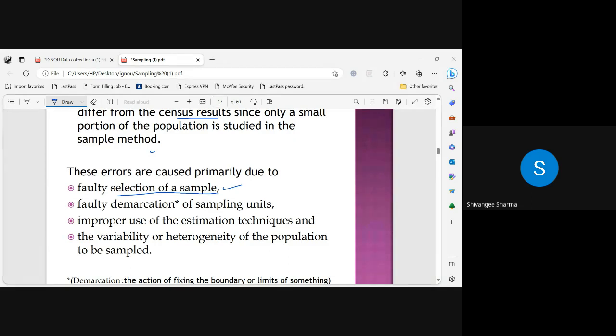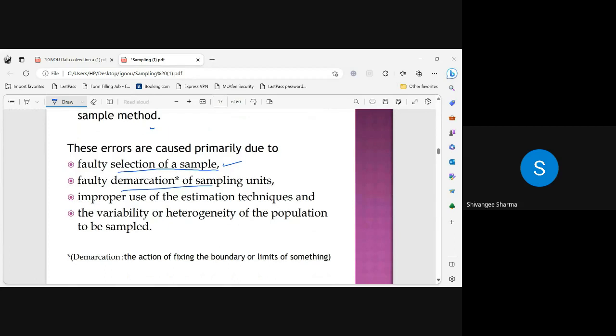Then faulty demarcation of sampling units, right? Demarcation is the action of fixing the boundary or limits of something. So if you demarcate your sampling units in a non-productive or inappropriate form, then also there is an error, and that error is also known as sampling error.